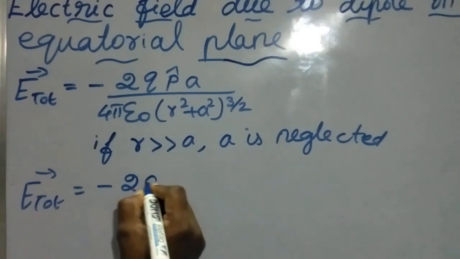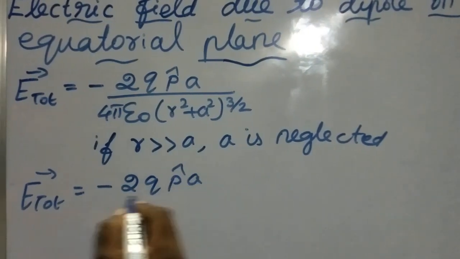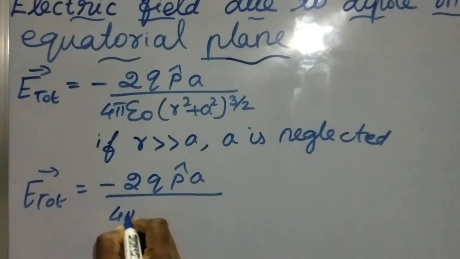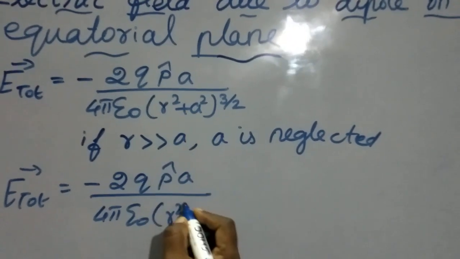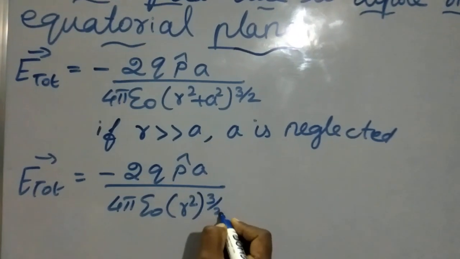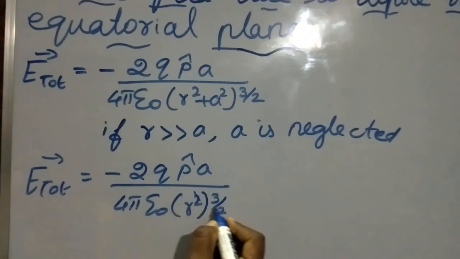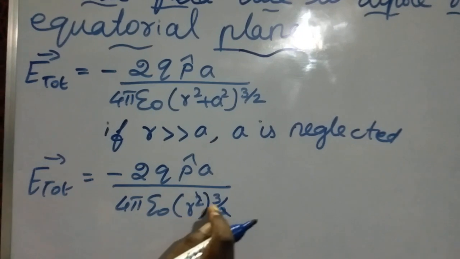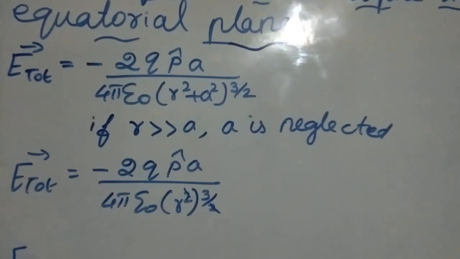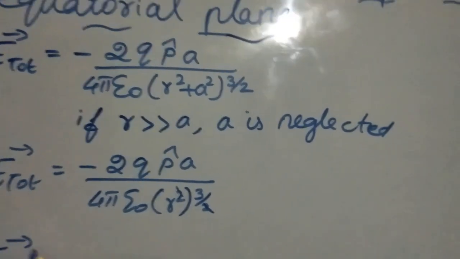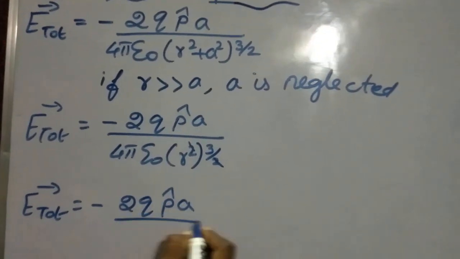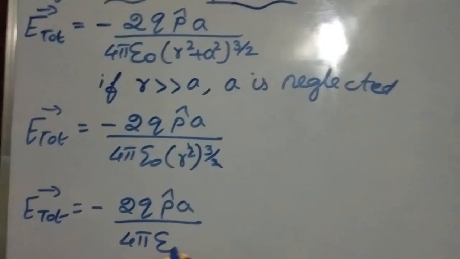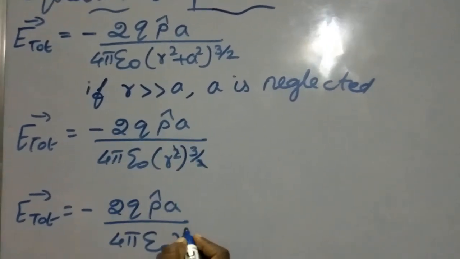So 2q p cap a divided by 4 pi epsilon 0 r square, a is neglected, the whole power 3 by 2. So these two get cancelled. So r cubed we have. E total vector equal to minus 2q p cap a divided by 4 pi epsilon 0 r cube.